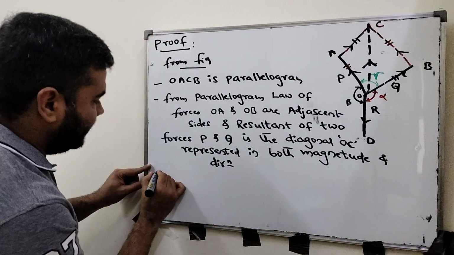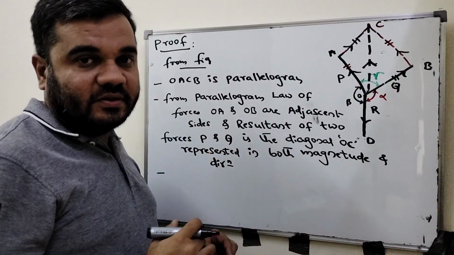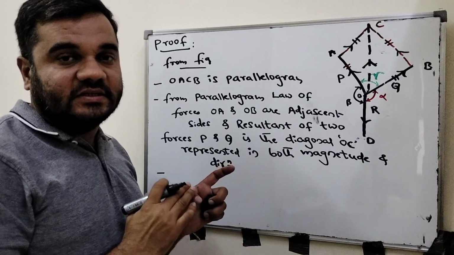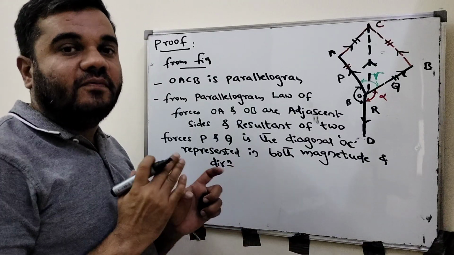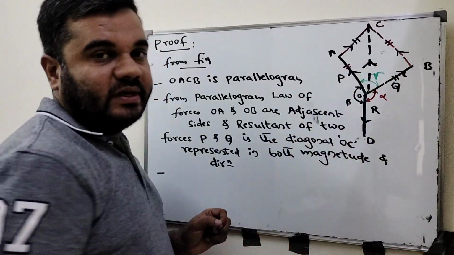Now come to the next point here: the equilibrium of forces. Just before the beginning I explained the three-force, two-force, and four-force equilibrium principles. Now this is the three-force equilibrium principle.